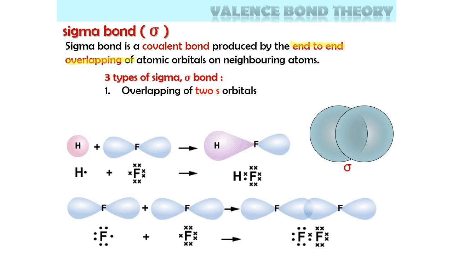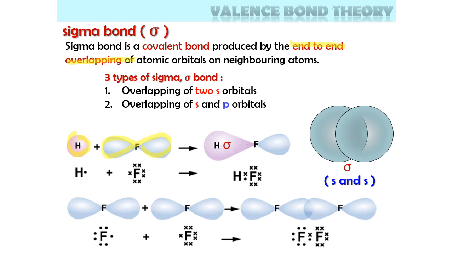This is the example of one s orbital that overlaps with another s orbital, so you will form sigma bond. The next example is the overlapping of s orbital and p orbital. Therefore, you will form sigma bond here.